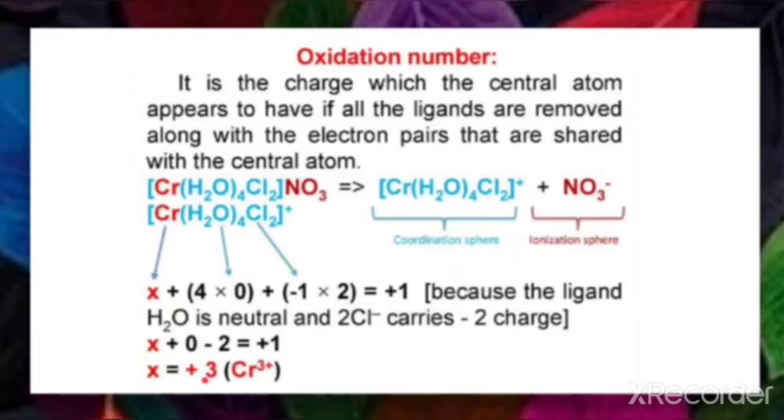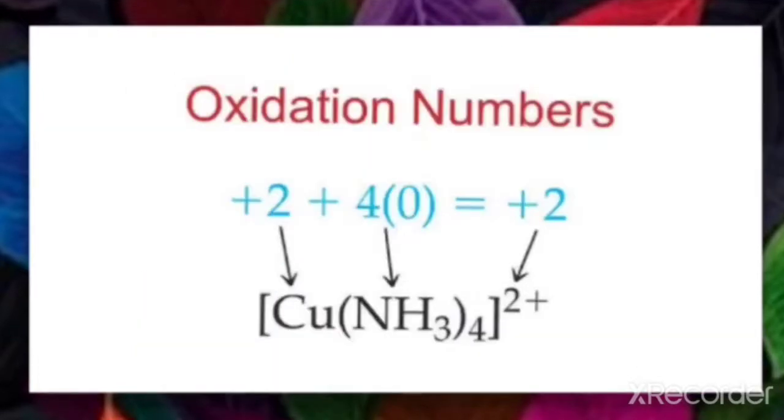So this is the way you have to find the oxidation number. How do you check whether the oxidation number found for the central metal ion is correct or not? For example, in this coordination compound, the copper ion has a plus 2 oxidation state, which we found by the method. Here, because 4 ammonia are there, 4 into 0, because 0 is the charge on ammonia, a neutral ligand.